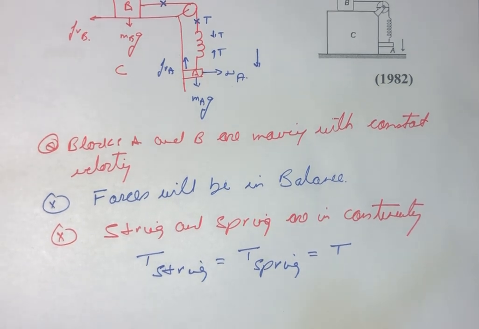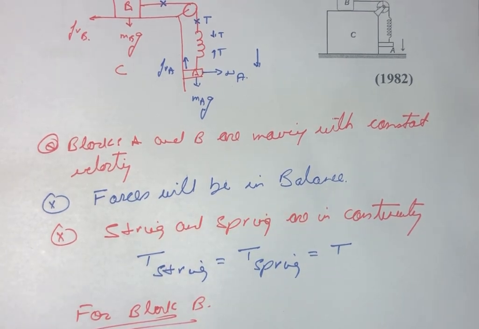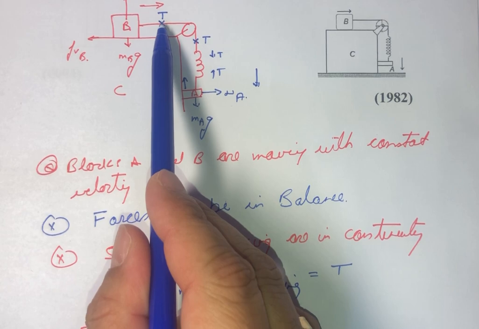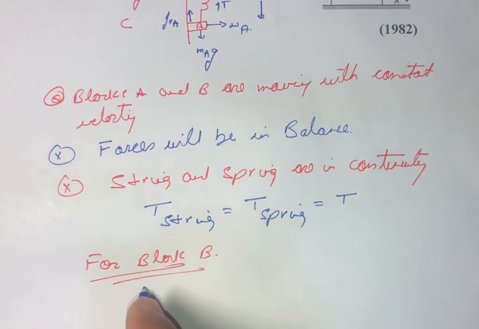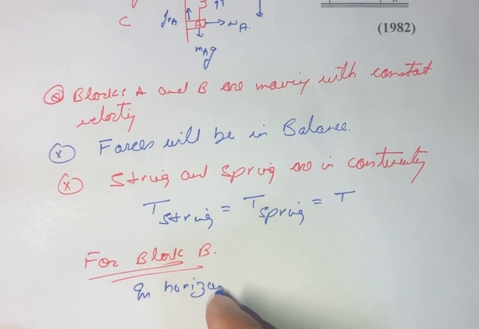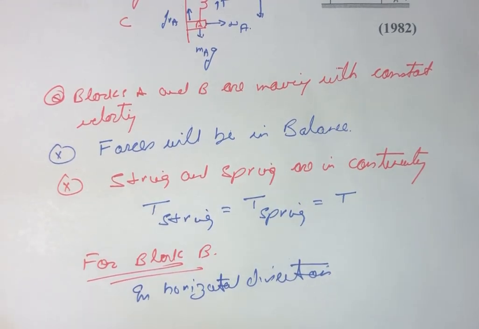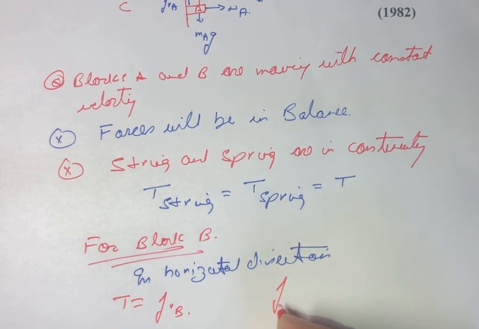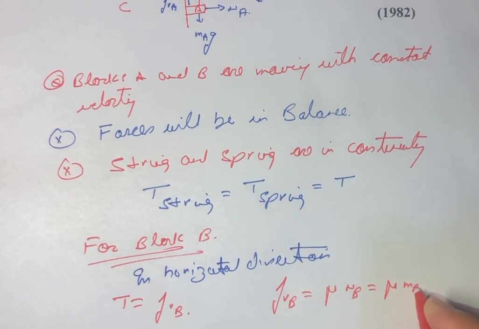So let us consider block B. As it is moving with constant velocity, in the horizontal direction, tension T will be equal to FRB, and we can find FRB is equal to mu into NB, which is equal to mu into MBG.